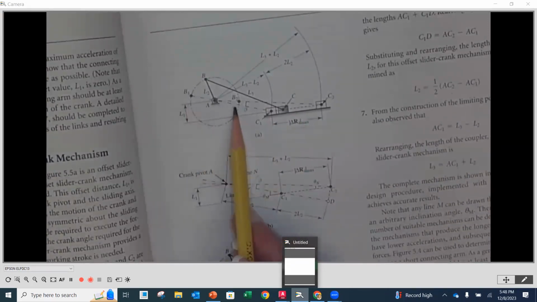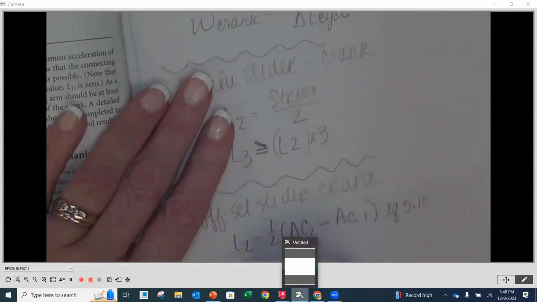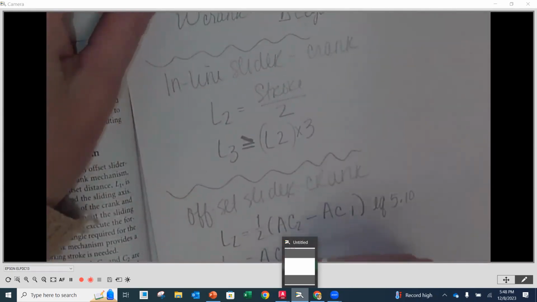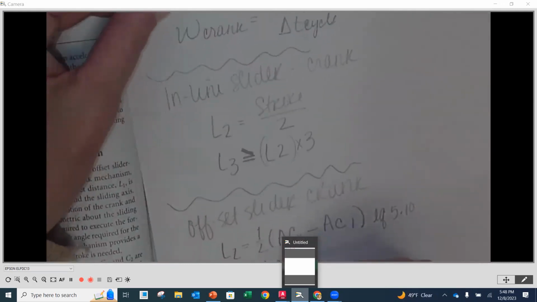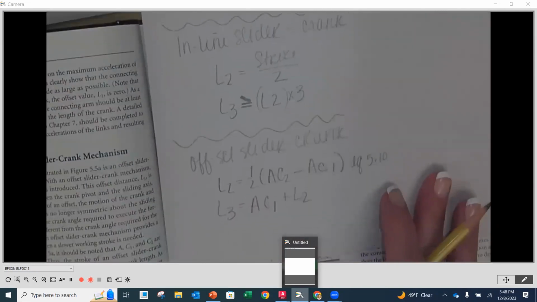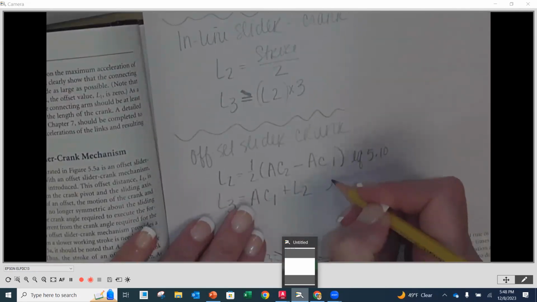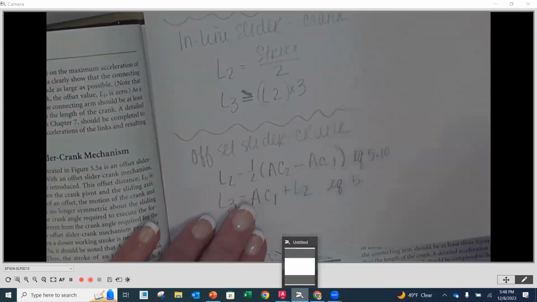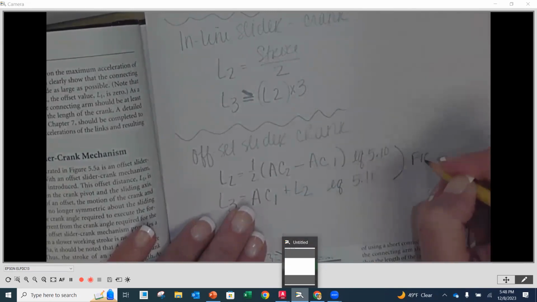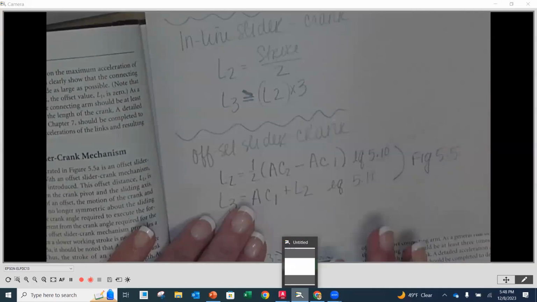It's this whole distance right there. So we can add that here as well. L3 is equal to AC1 plus L2. And this is equation 5.11, I think it was. And both of these refer to figure 5.5.